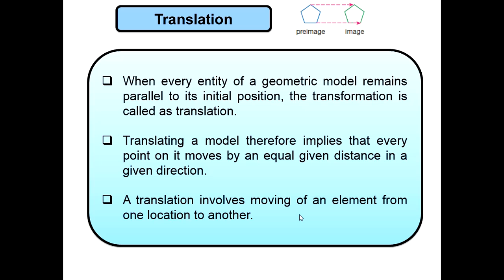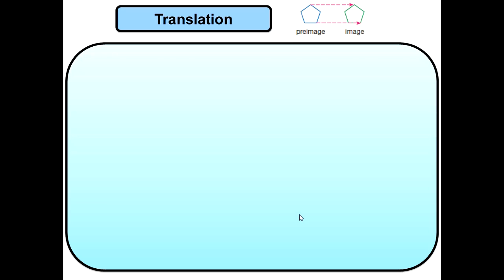So translation involves moving an element from one location to another location such that it remains parallel to its initial position, and every point moves by an equal distance and in a given direction.